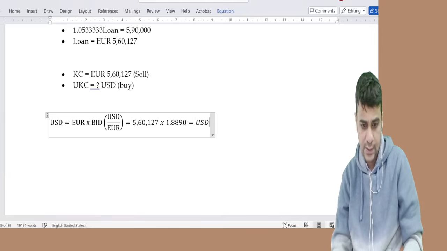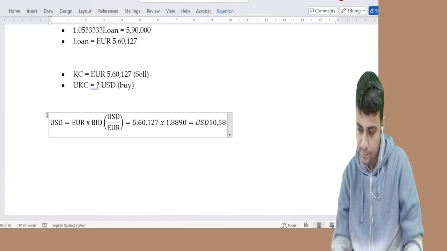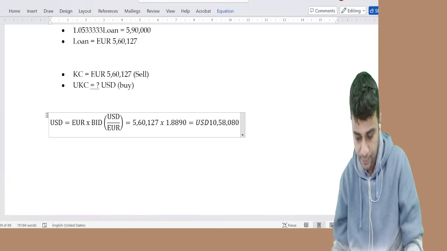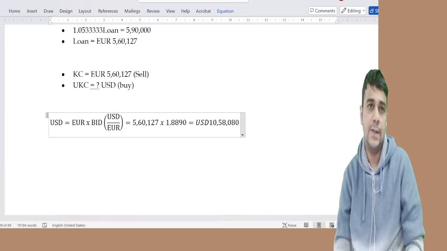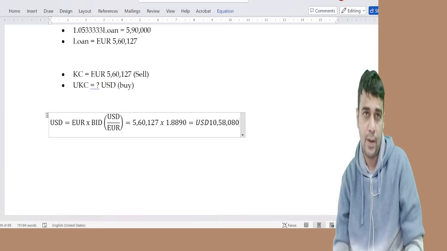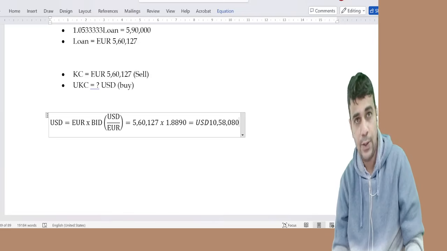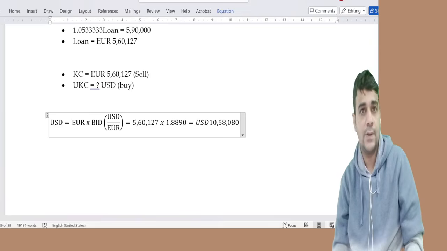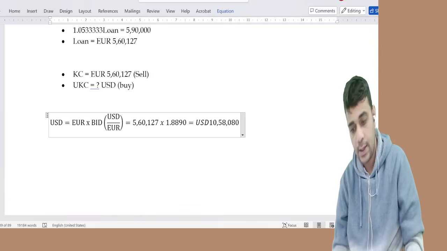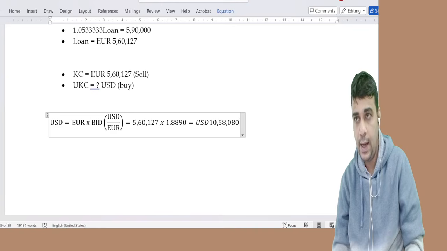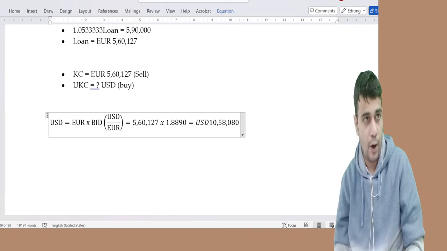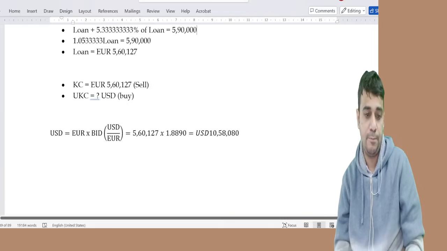We get the amount as 10 lakh 58,080. 1,058,080. Any doubts on this? I hope you are getting the hang of what we are doing. Balance sheet format will guide you to the answer.